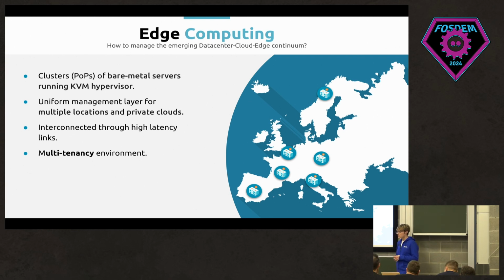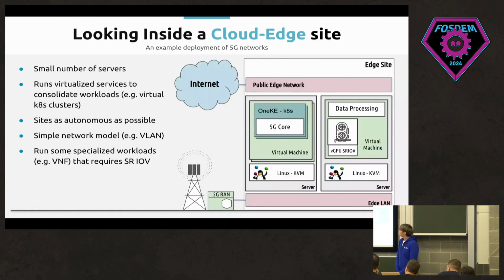Then we need a uniform management layer to handle and manage all these locations, or the private cloud associated with that. Then we need to interconnect all these clusters. And finally, we need to provide a multi-tenancy environment in order to create several users and groups and isolate each environment in the Cloud-Edge.